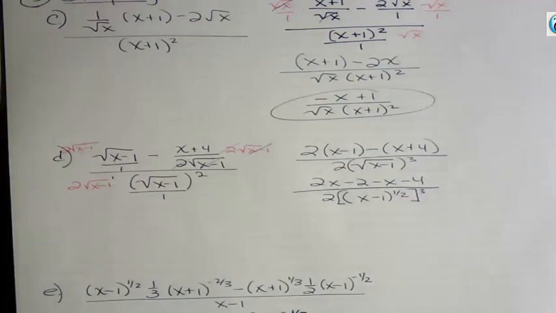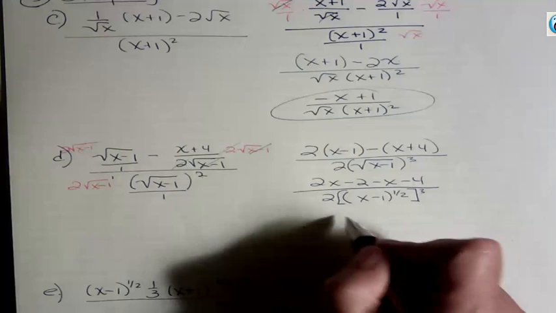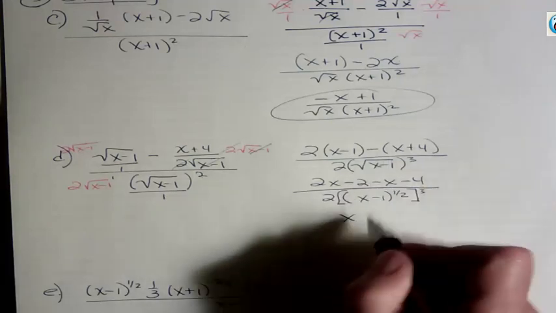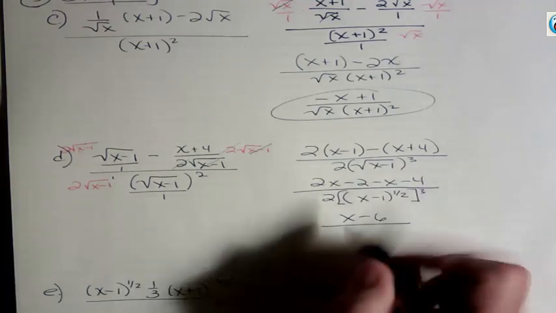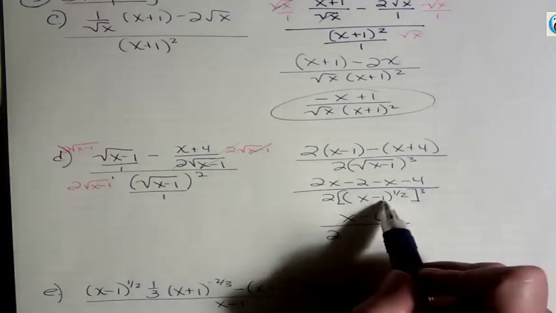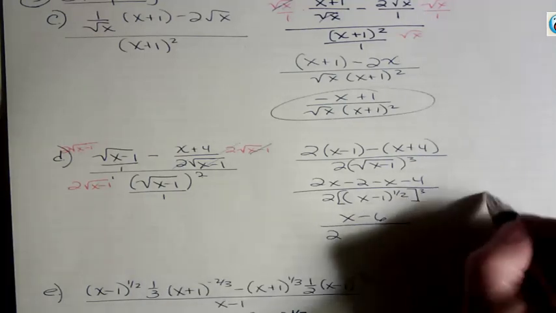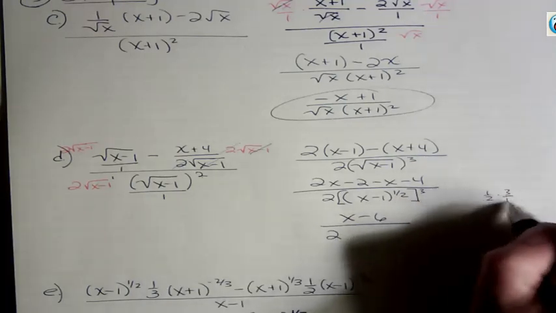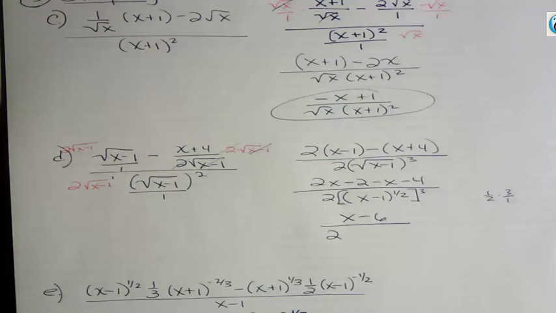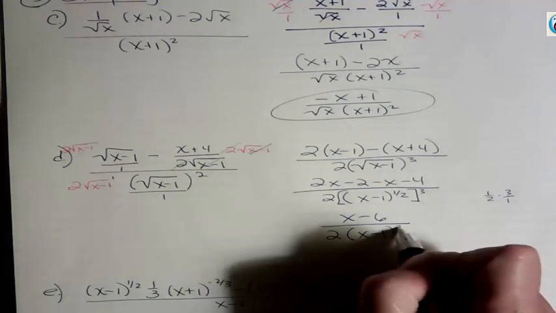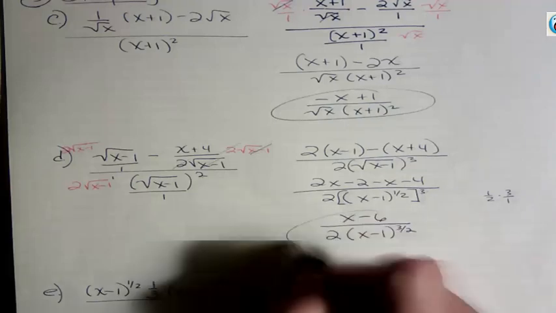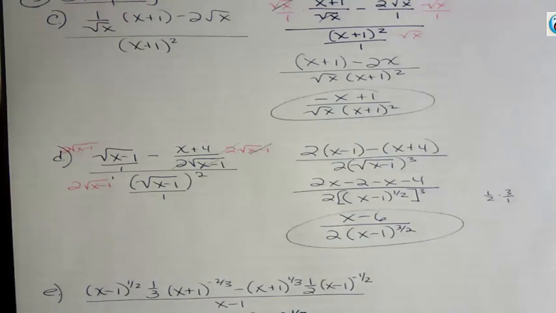And then I have 2x minus x, which is x, negative 2 and negative 4, which is 6. And the final way I can write that, because when you have a power raised to a power, you multiply. So you're actually multiplying 1/2 times 3, and that gives you x minus 1 to the 3/2 power. And that's what the final answer is.